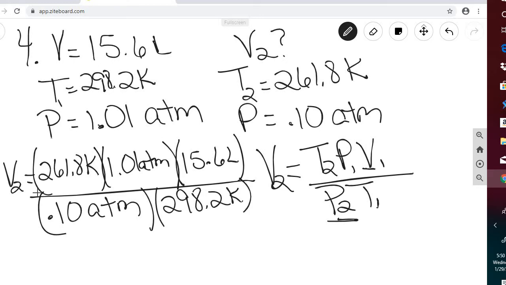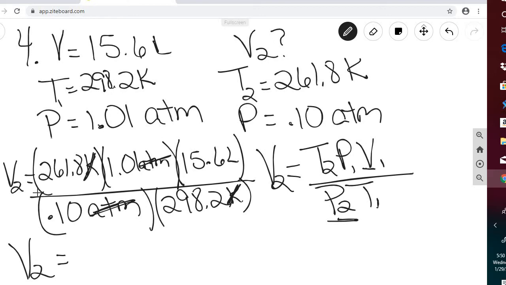Okay, so let's look at units. We have a K on top and a K on bottom. We have an atmosphere on top and an atmosphere on bottom. So we're left with just liters, and that's what volume would be. So 261.8 times 1.01 times 15.6 divided by 1.10 divided by 298.2.